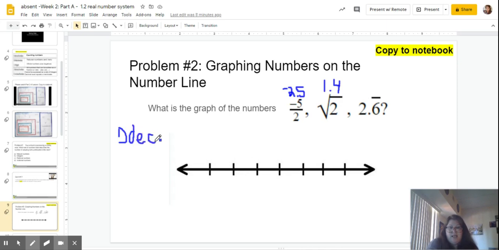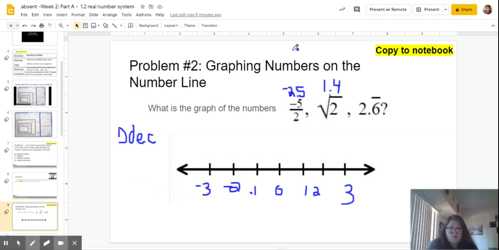Now, looking at this, we have numbers that are all between -3 and 3. So I'm going to start with 0, and I'm going to go to 1, 2, and 3. And then we're going to do -1, -2, and -3.